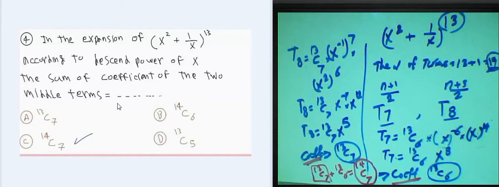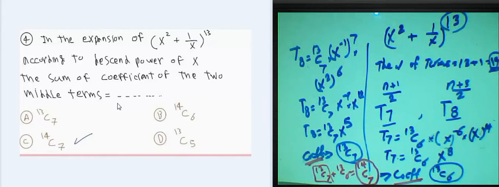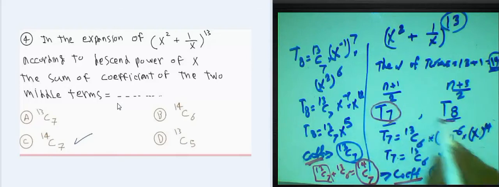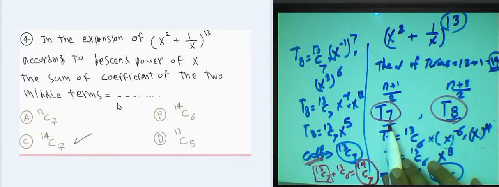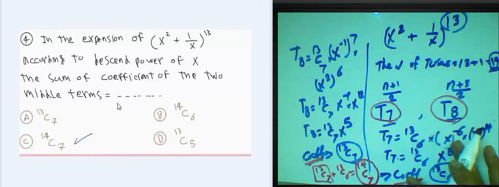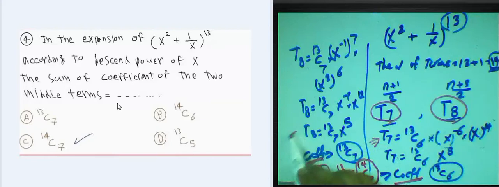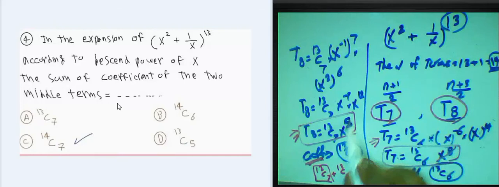Okay, because you want to find the sum of the two middle terms, we find the two terms in the middle: 14 terms divided by 2 equals 7, and add 1, it will be 8. Then term 7 and term 8 are the middle. We have two middle terms, term 7 and term 8. You want to find the sum of the coefficients of the two middle terms. First we find term 7 and term 8 in the simplest form, put x equal to 1, and add them.